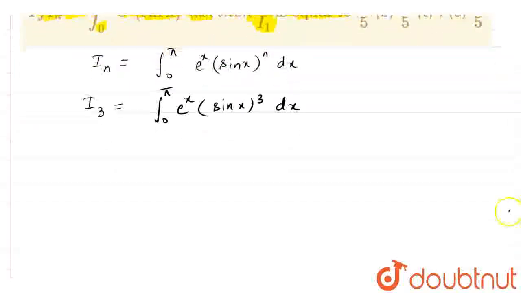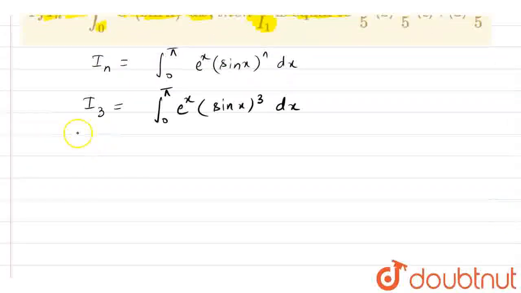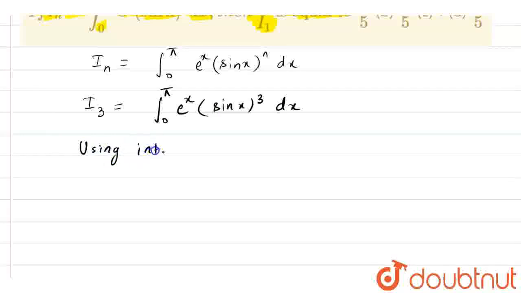Now what we need to do here is I am going to apply integration by parts. We can say that sin cube x is our first function and e to the power x is our second function.